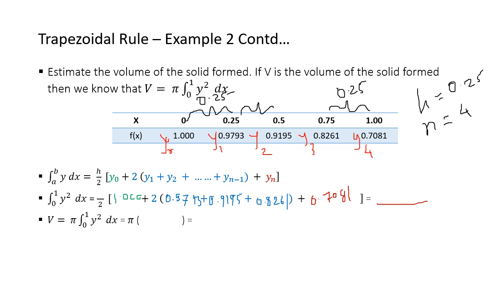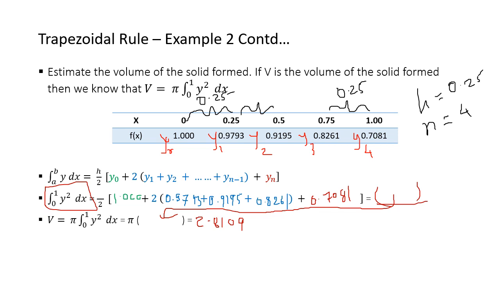Then the value of volume of solid of revolution becomes pi into the integral from 0 to 1 of y square dx. So this should be multiplied by pi. So pi into that value. This value goes here, and the final answer is 2.8109.